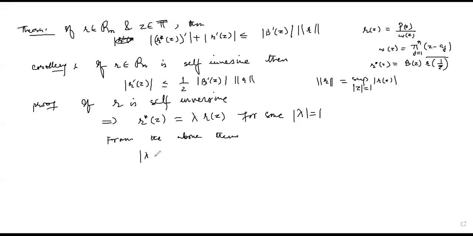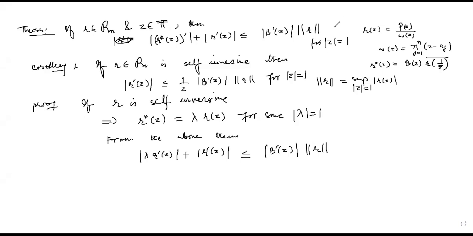So it would be |lambda times R'(z)| plus |R'(z)| is less than or equal to |B'(z)| into norm of R. Here I should write, for |z| = 1. This is also true for |z| = 1, or as we write, z belongs to T.